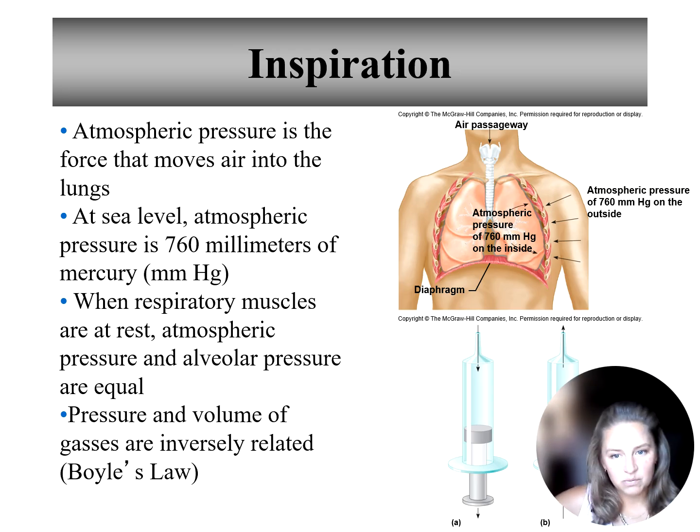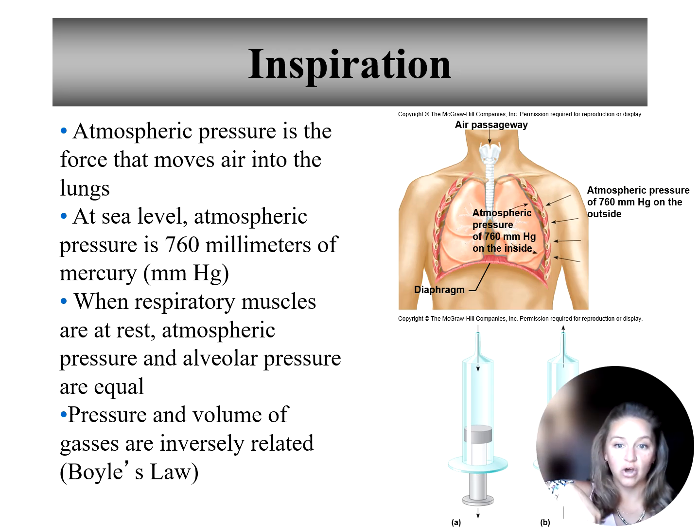So what happens is when we breathe and our lungs expand, it forces air into our lungs. You can think about that like the plunger on a syringe here. If you pull this plunger down and it increases the volume, it's going to decrease the pressure.